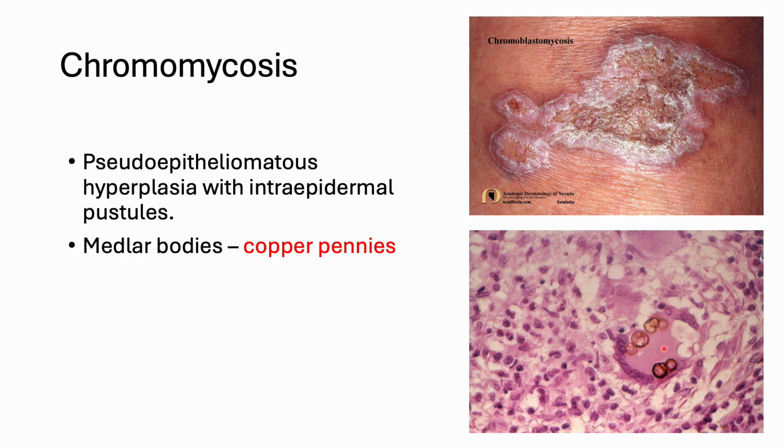Histologically, you can see there is a multinucleated giant cell, and inside the giant cell there are many round refractile organisms. Histologically, they resemble copper pennies, so we call them copper penny bodies, or if we use a different terminology, medlar bodies. No matter what we call them, when you see this organism, it is chromomycosis.